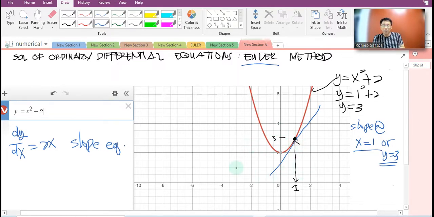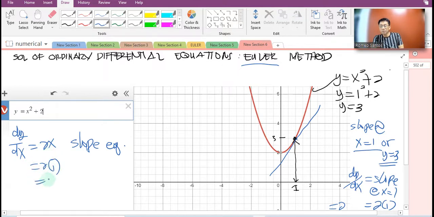What is the slope at x equals 1? So dy/dx, the slope at x equals 1, is equal to 2 times 1, which is equal to 2. Therefore, the slope is 2.